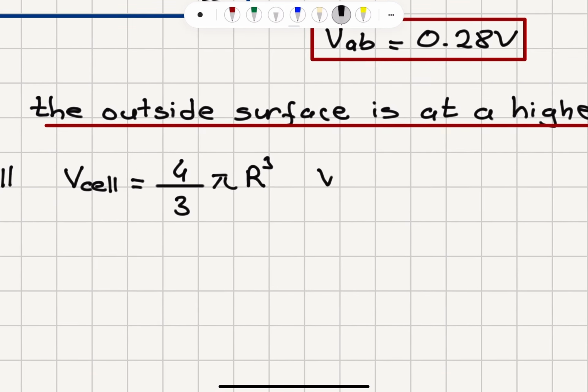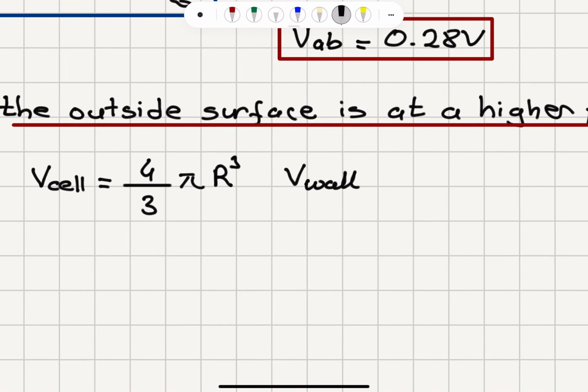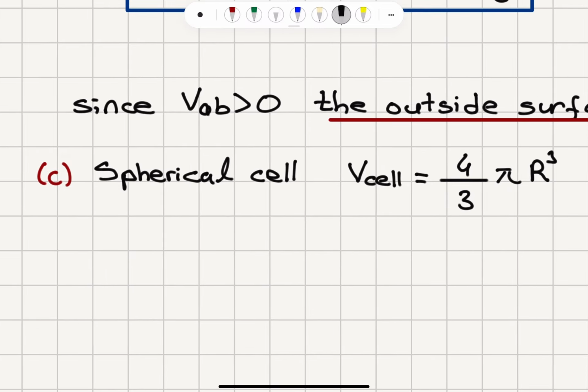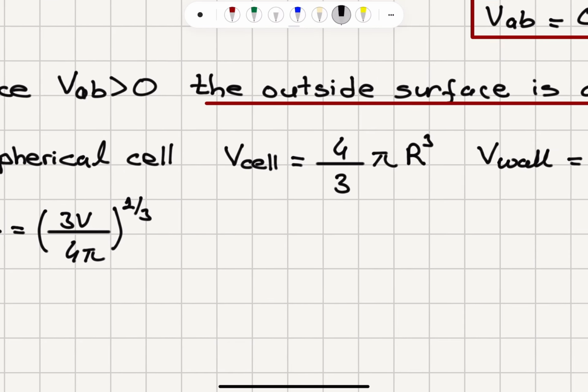And the volume of its wall is basically the surface area 4 pi capital R square multiplied by the thickness T. Now this tells me that I can write the radius R in terms of the volume V. So it is 3V divided by 4 pi to the power 1/3.